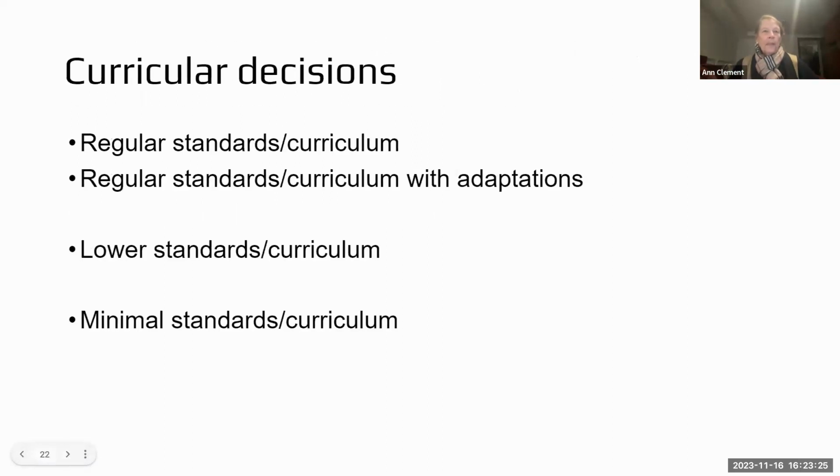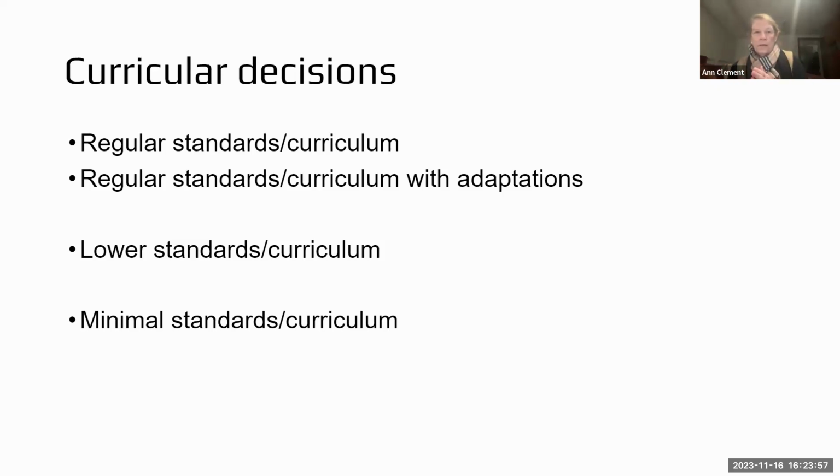Okay. So you have to make some decisions for the curriculum that you will be providing to the students. Like I said, I don't understand the Ukraine system that well, but in Colorado and pretty much in Slovenia, we have the regular standards and curriculums that all children, say at the second year, have. And usually it's made by the state or it's made by the school. Or you may have the regular standards, but with adaptations.